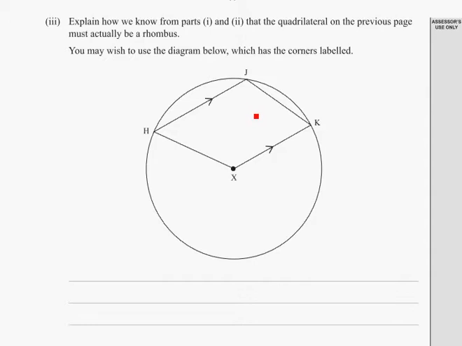So this is the same diagram as the other page. We know that that's 120, that's 120, that's 60, and that's 60 as well, and here's my parallel lines. So for something to be a rhombus, we need to first show it's a parallelogram, that all the sides are parallel.